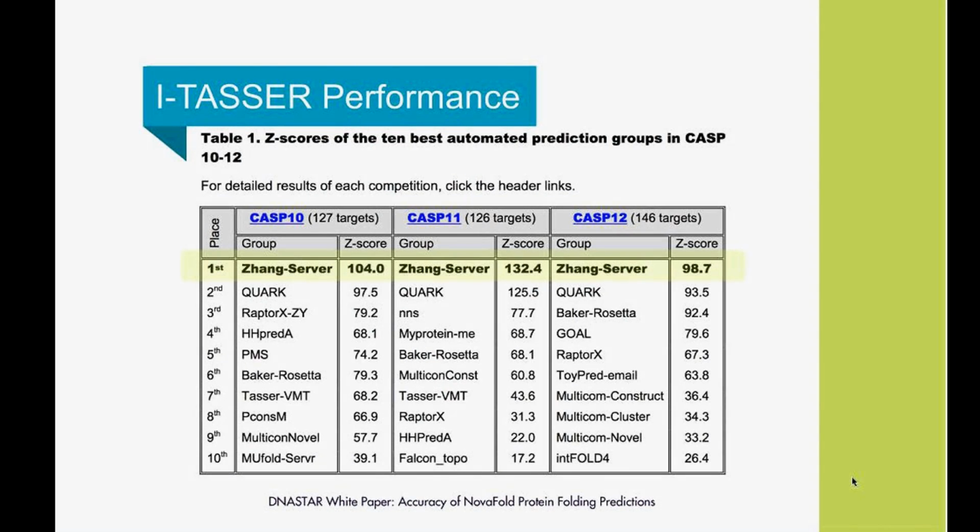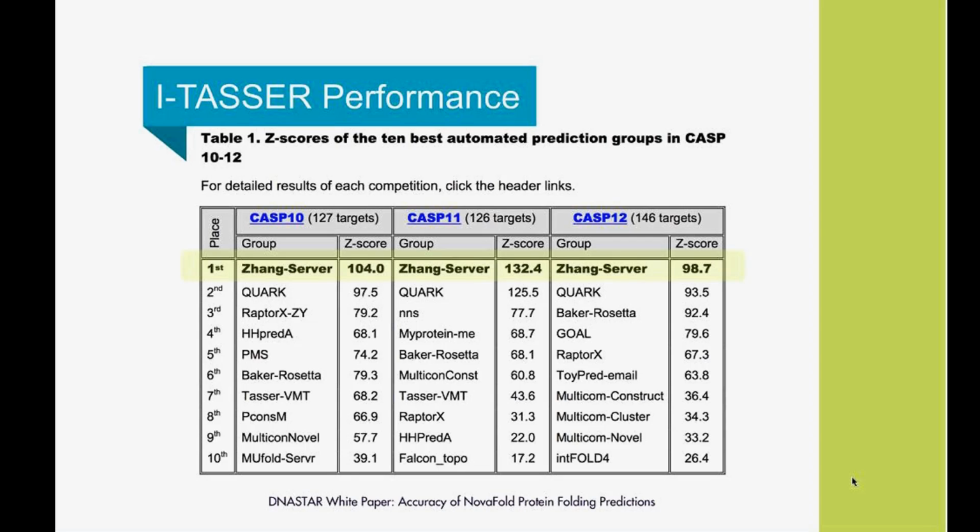Just to give you an idea of the performance of the underlying algorithm for NovaFold, the I-TASSER algorithm in competition has proven to be top in class for all automated services.